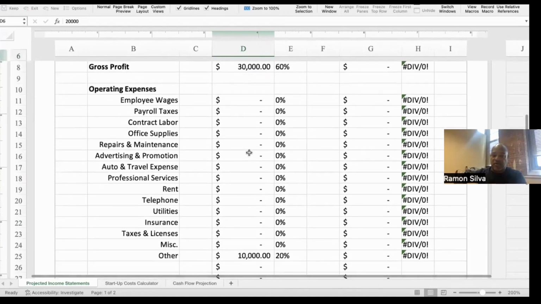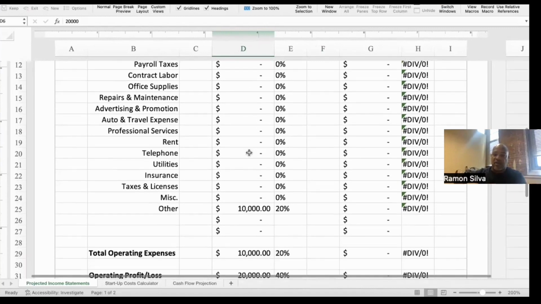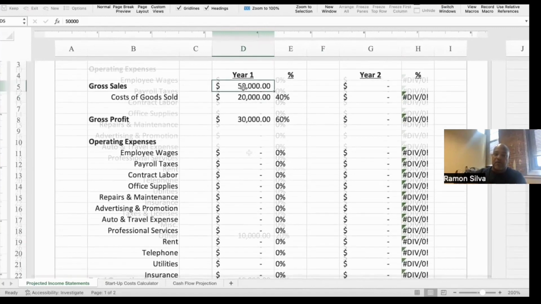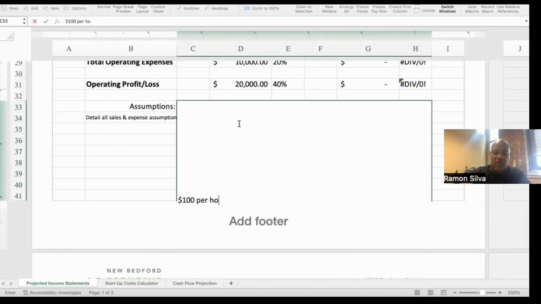And then also with these expenses, how you came up with these expenses. So if I am providing a service and I am charging $100 per hour for my service times 500 billable hours, that's how we came up with the 50,000.